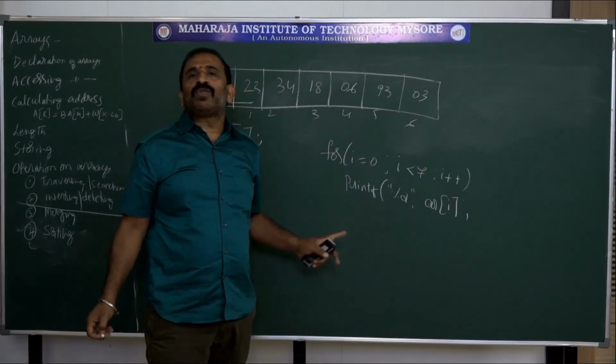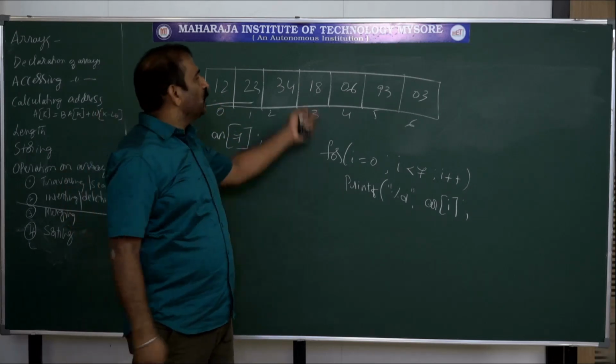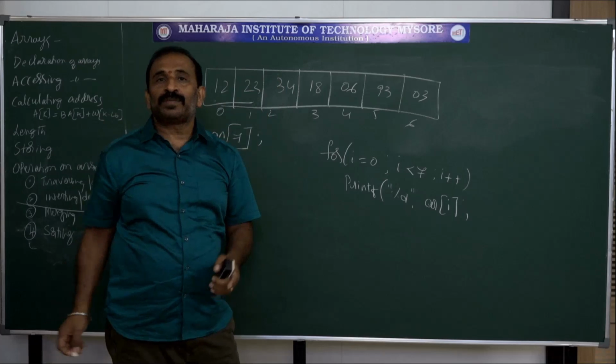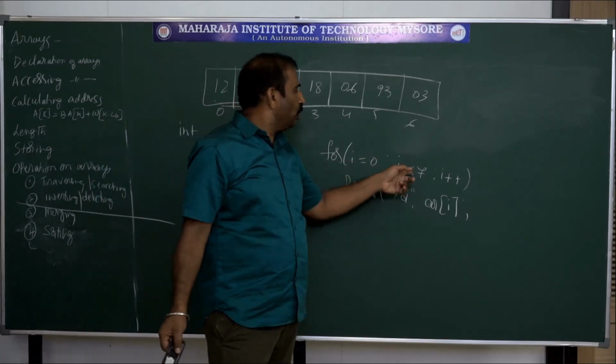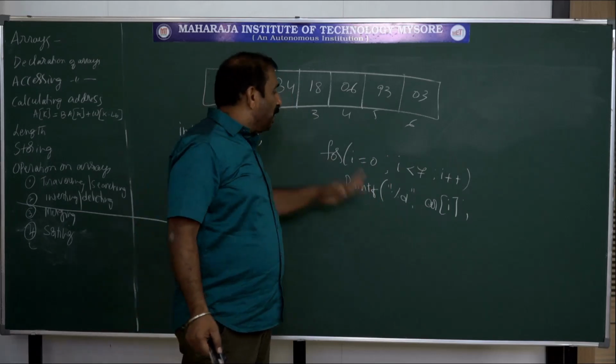So these two lines of code will be sufficient for you to display the content of the array. For 0 to i less than 7 means 7 times it prints.